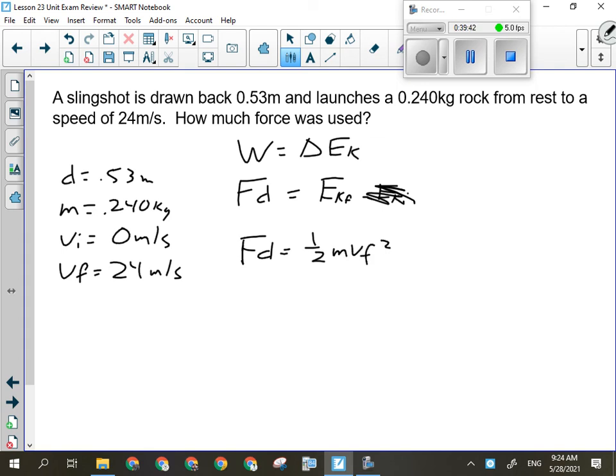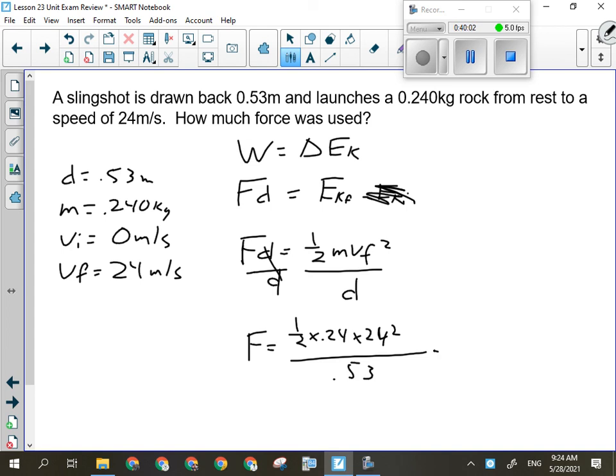I have m, I have vf, I have d, I'm looking for the force. So I'll isolate the force by dividing both sides by d, okay, and then plugging in my numbers. 1/2 times 0.24 times 24 squared, okay, divided by 0.53 meters.